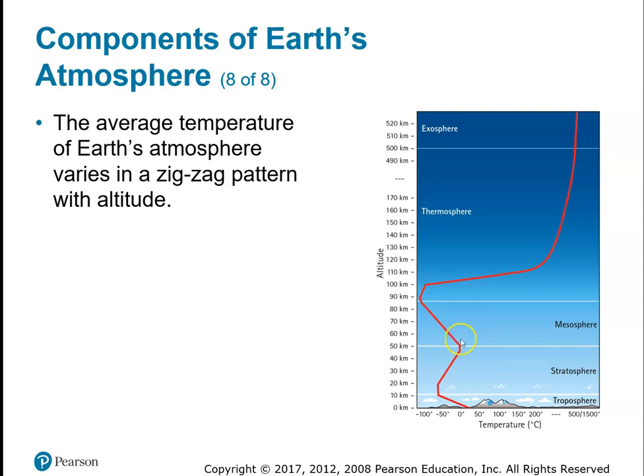And then this distinction between the stratosphere and the mesosphere is really based on temperature. When the temperature starts going down again, you're in the mesosphere, right? And then the temperature starts going up again. It goes up very dramatically in a nonlinear manner.